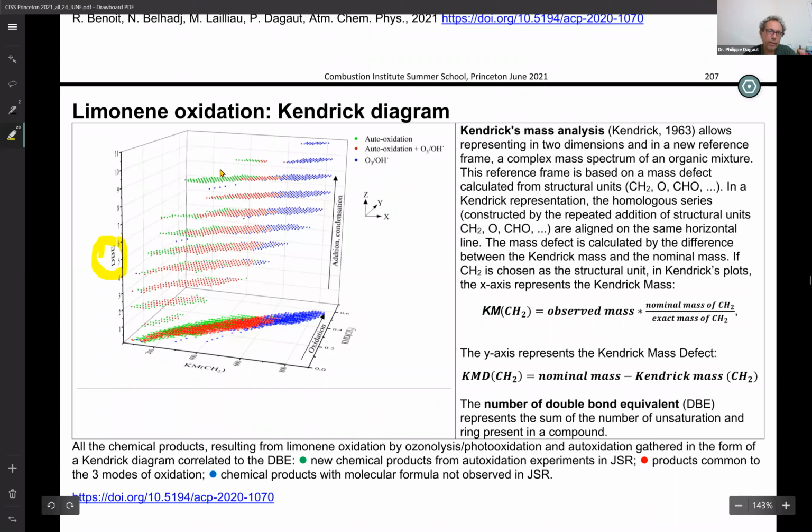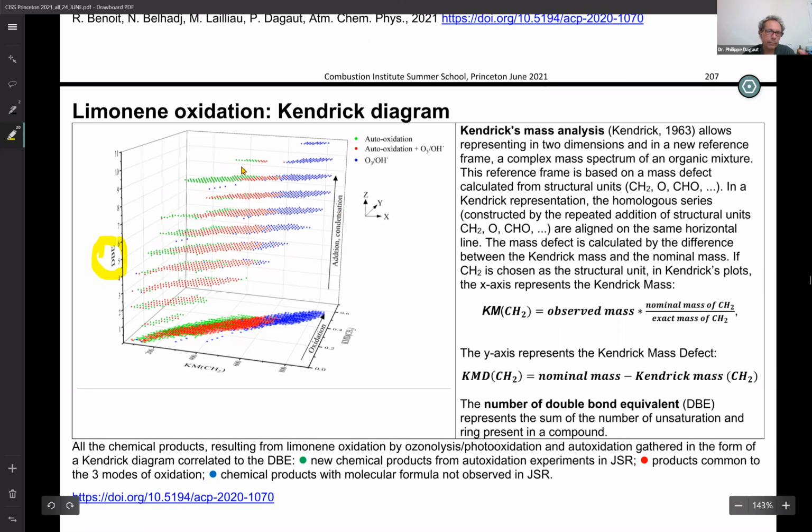But you can see that the rest here, the red dots, corresponds to common products formed under smog chamber conditions and in the jet-stirred reactor operating below 600 Kelvin. And the red dots here are chemicals that we observe and which were not reported in these studies, because we operate at very short residence time compared to theirs.